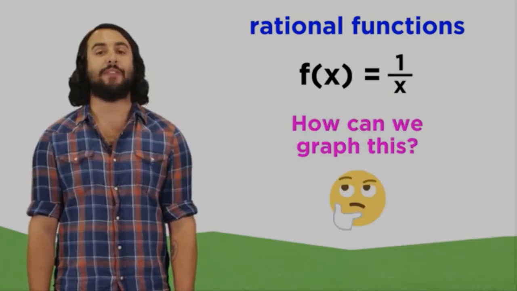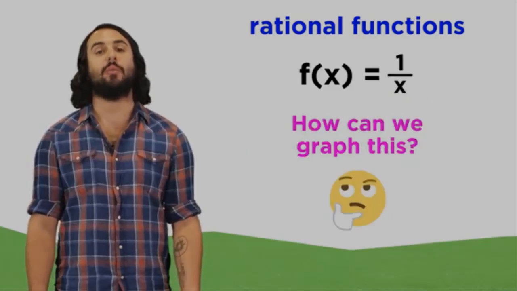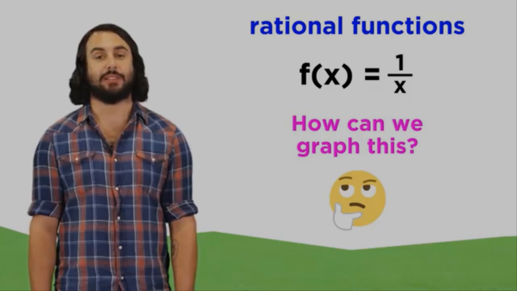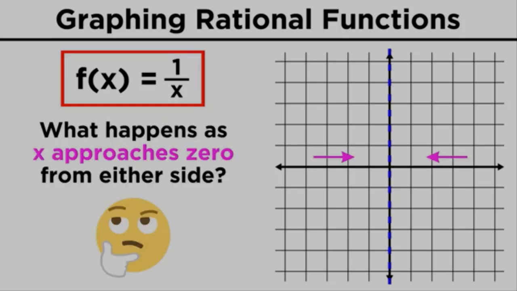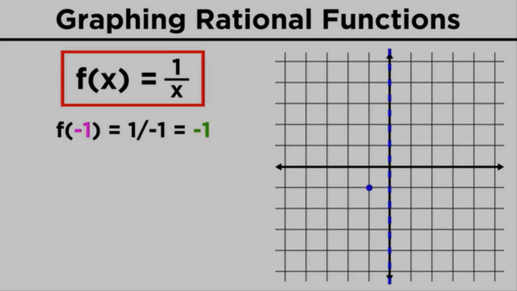Let's learn how to graph these kinds of functions, starting with the simplest, 1 over x. Immediately, we know that x can't equal 0, so 0 is not part of the domain of this function. But what happens on either side of x equals 0? Well, let's plug in some numbers. -1 gives us -1, so (-1, -1) is part of the function.